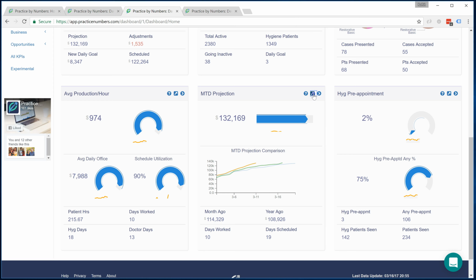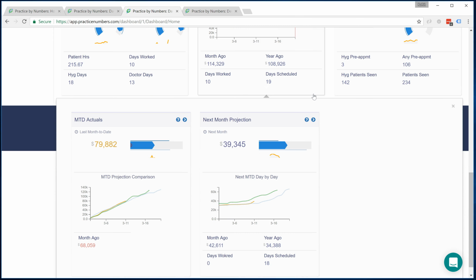Once I click on this pop-up, it'll give me two additional graphs. One is comparing the actuals, so again, let me hover over that, the 10th working day of this month. Actual production of what's been done so far, I'm at 79, almost 80K. Last month, by the 10th working day, I was at 76K.